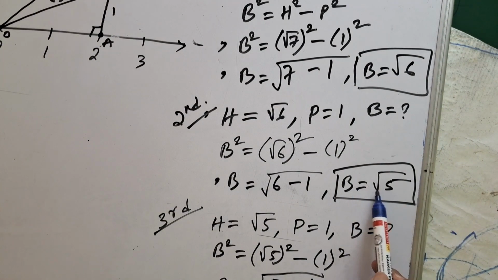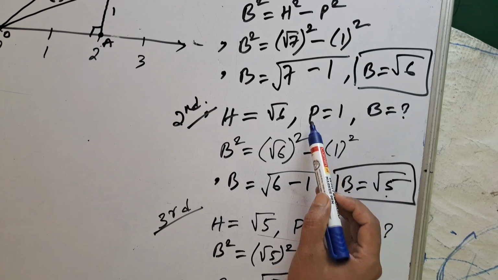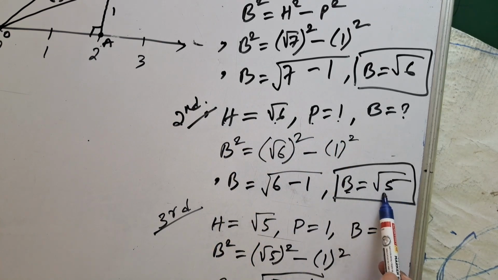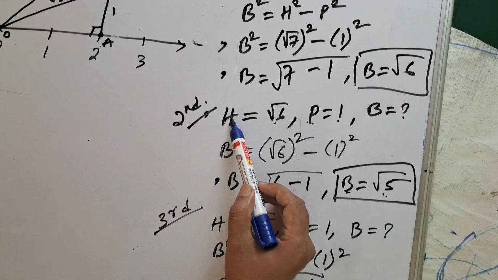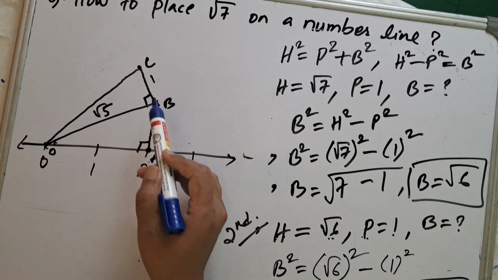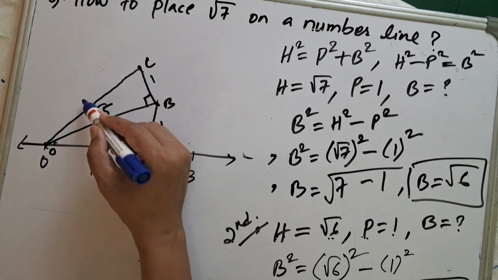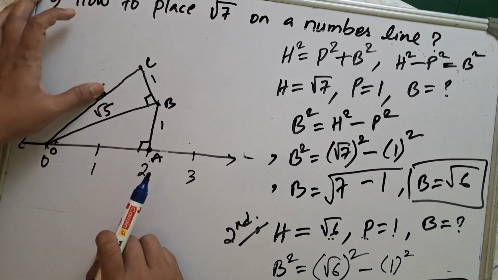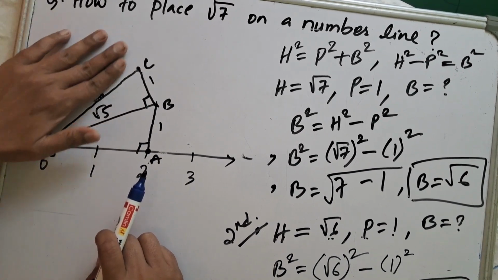Now let's see. When base is root 5 and perpendicular is 1, hypotenuse is root 6, isn't it? This is the hypotenuse, root 6.